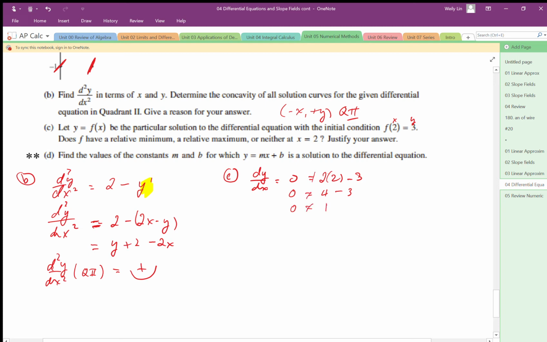I have a slope of 1 through that point, so the slope is not equal to 0. Therefore, no max or min. Okay, so there's our justification.